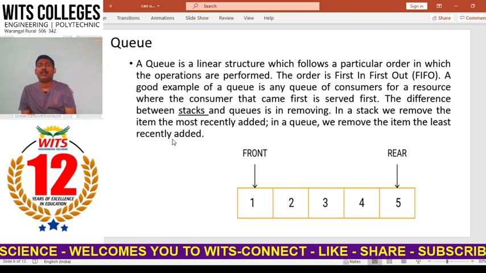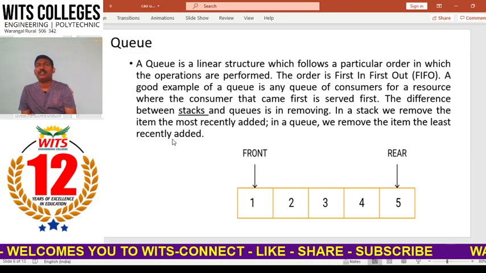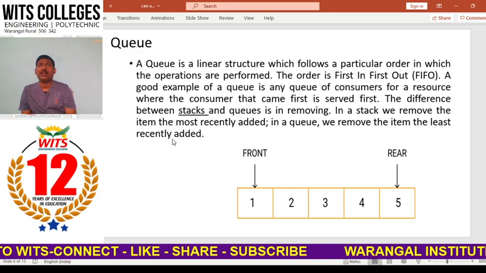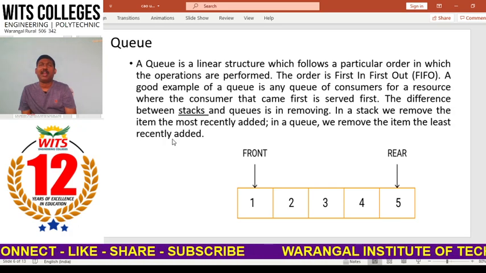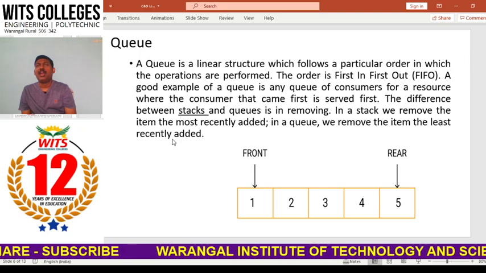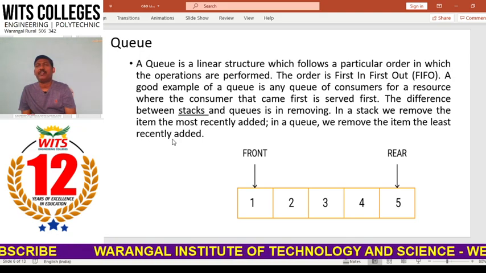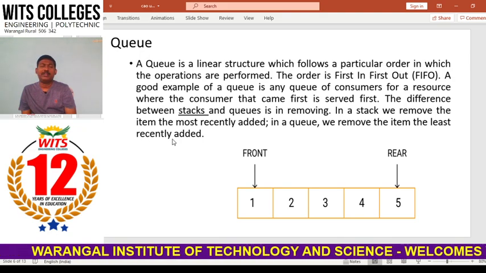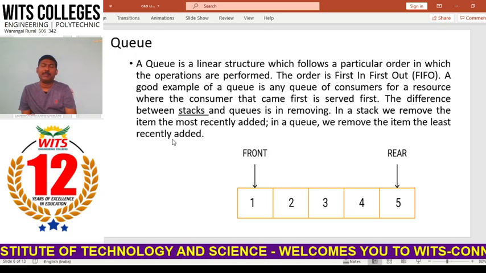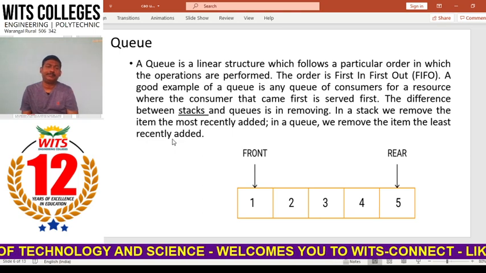The difference between stack and queue is removing. The stack will remove the item most recently added, whereas the queue will remove the item least recently added. So whoever comes first will be served first. The queue concept is first in first out.